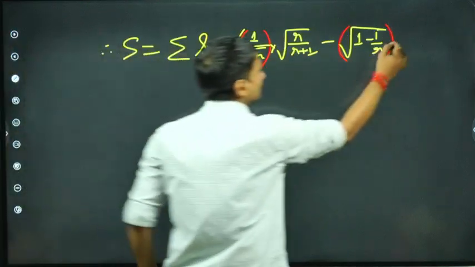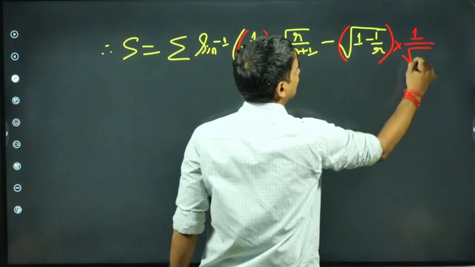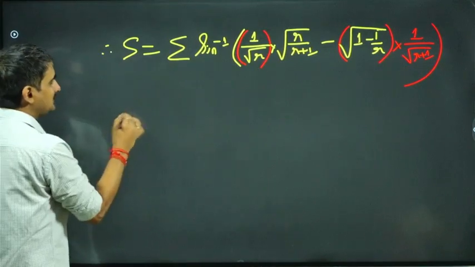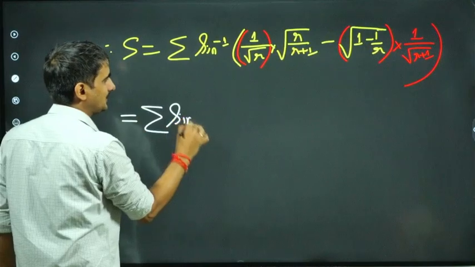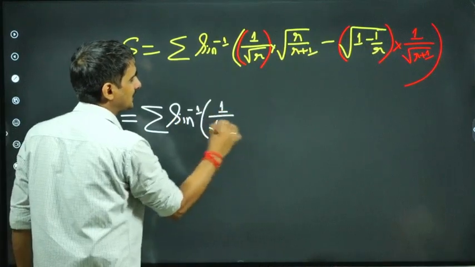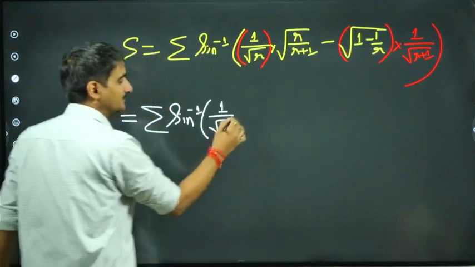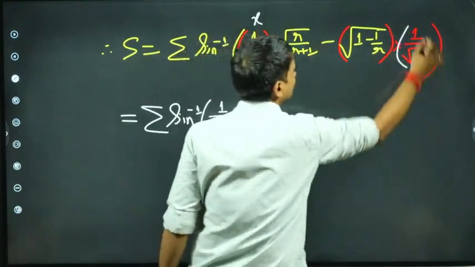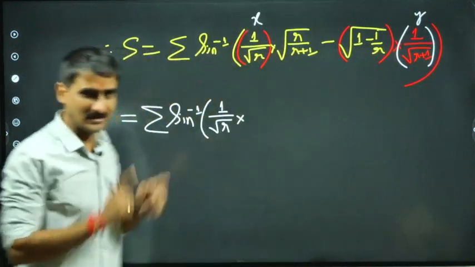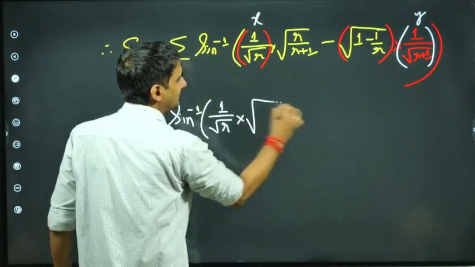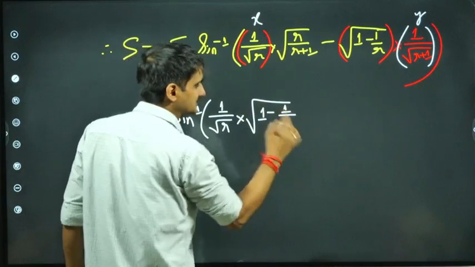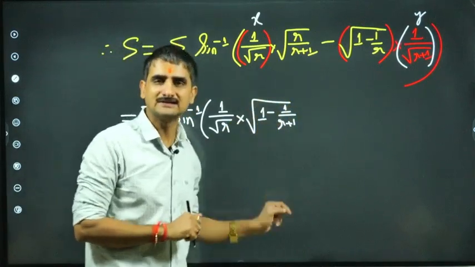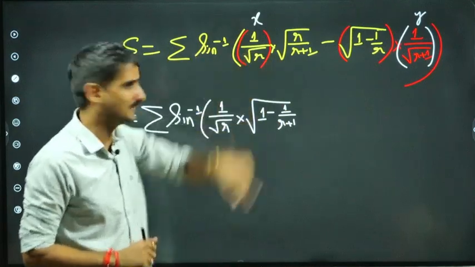तो यदि ये y है, accordingly this has to be 1 minus y square. Okay, so let's rewrite it. So ये हो जाएगा summation of sine inverse of 1 by root r, I am repeating, this is x for me, into under root of 1 minus y square, where y is 1 by root of r plus 1. जब आप इसे सॉल्व करेंगे तो देखिए r plus 1 minus 1 got cancelled, तो r upon r plus 1, तो ये हो गया under root of 1 minus y square.